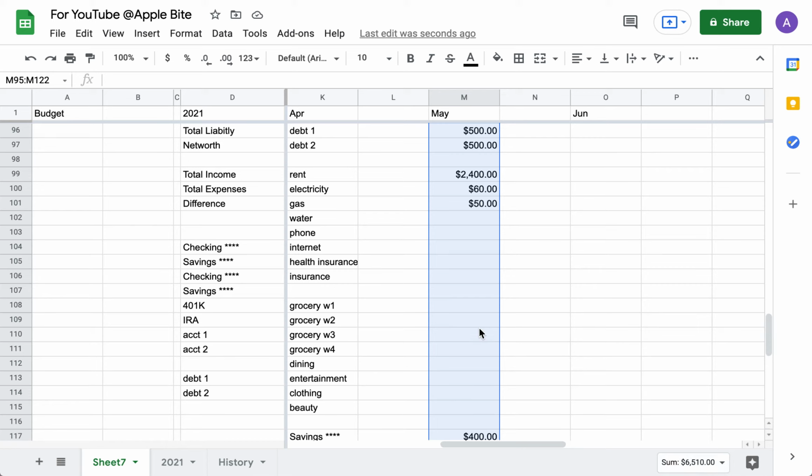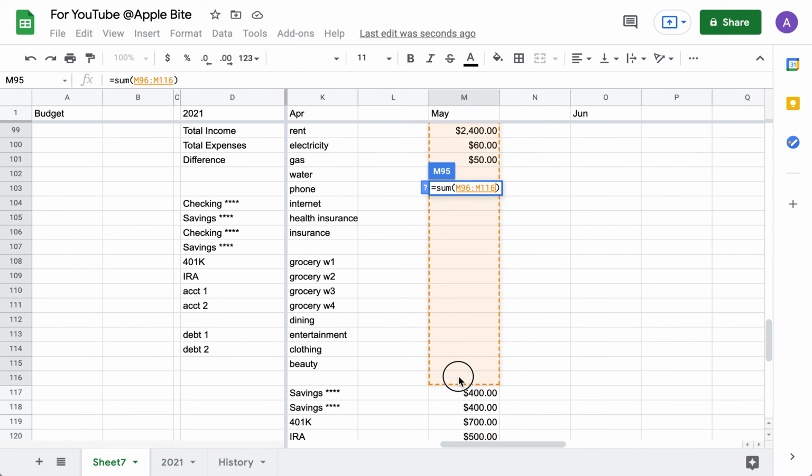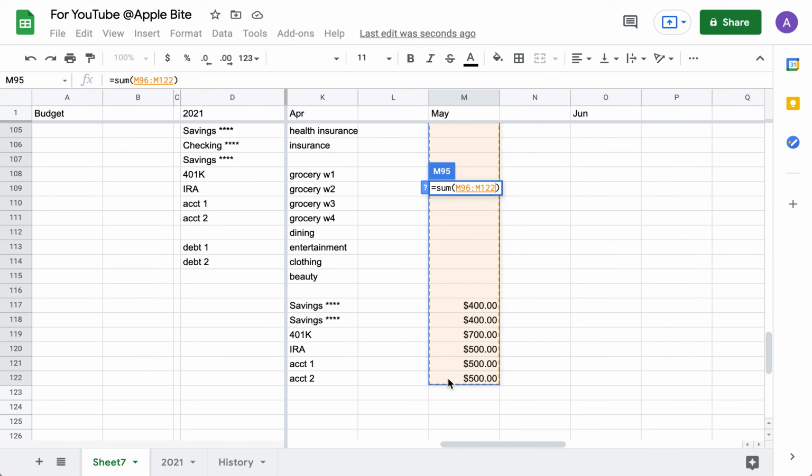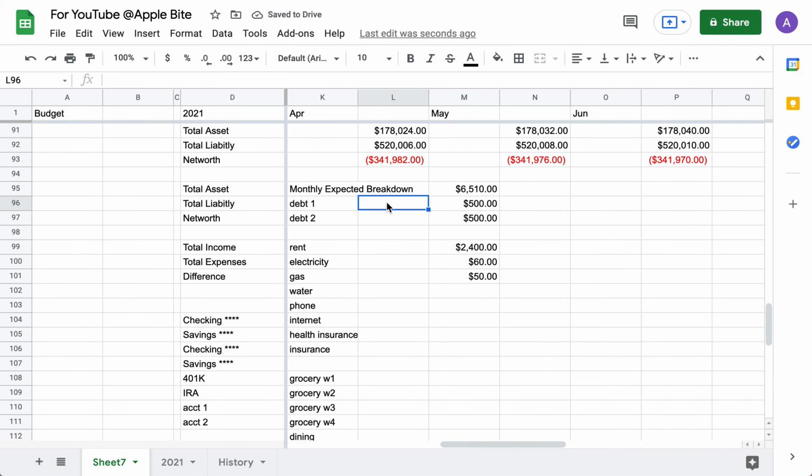So the sum of this column should be the ideal income amount that you want to make. And then as for the percentage, you can do the same thing: equal this divided by the total.